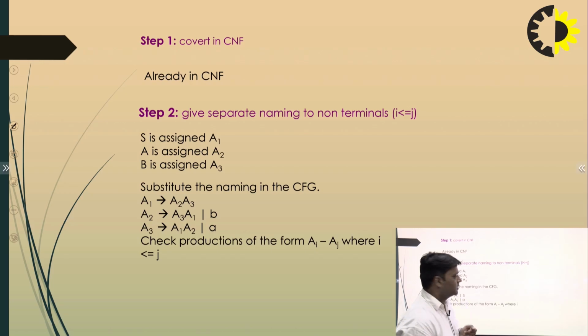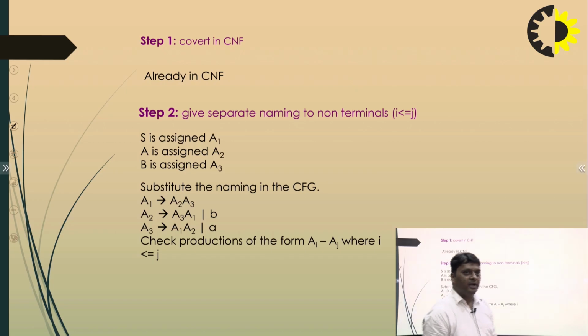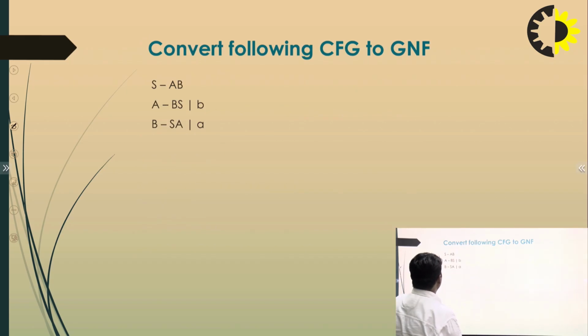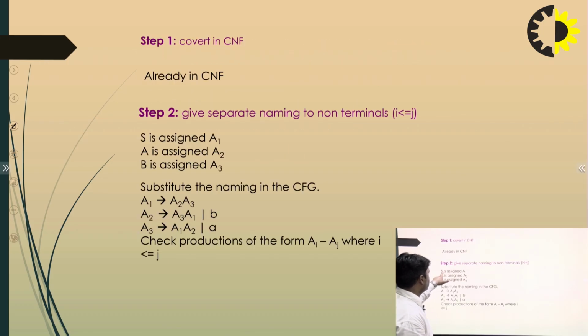Step 2, give separate naming to non-terminals. S is assigned A1, A is assigned A2, and B is assigned A3.